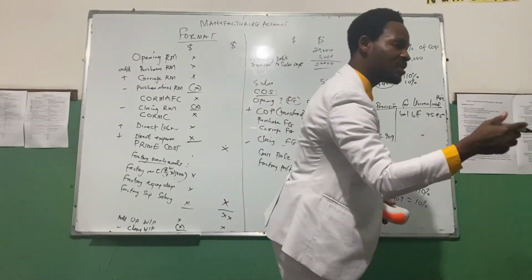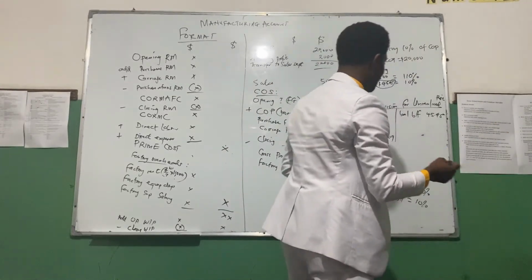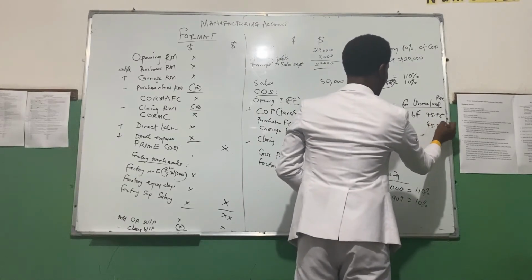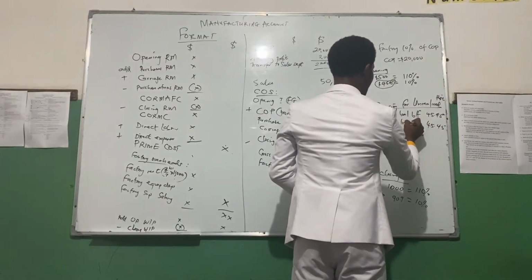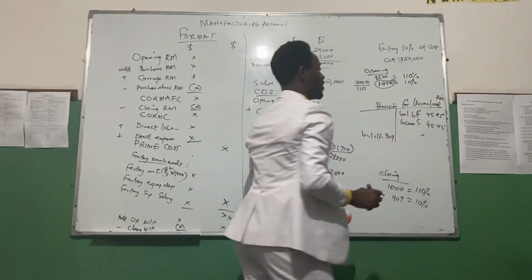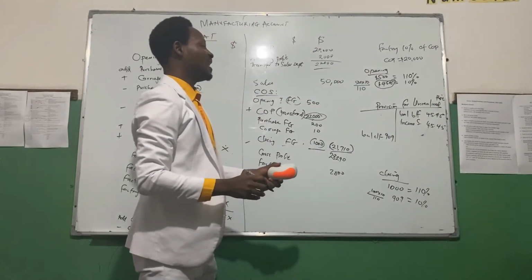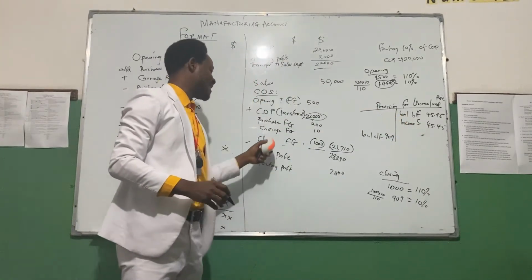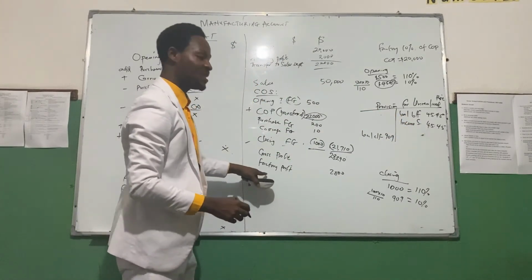There is an increase in unrealized profit of 45.45. It goes to the income statement. Since it's on the credit side here, it goes to be debited as an expense in the income statement.